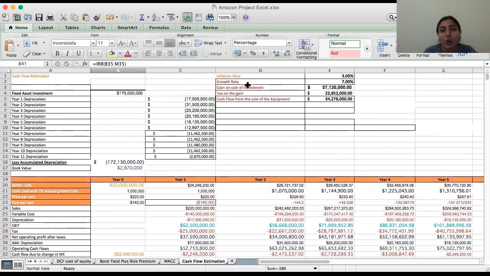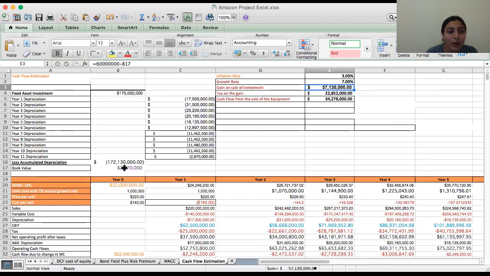And now in order to find out the gain on sale of investment, I have to deduct the initial investment that was 60 lakhs given by my professor in the problem. I deducted it with my book value. Let me show you. Yeah, 60 million subtracted from the book value.